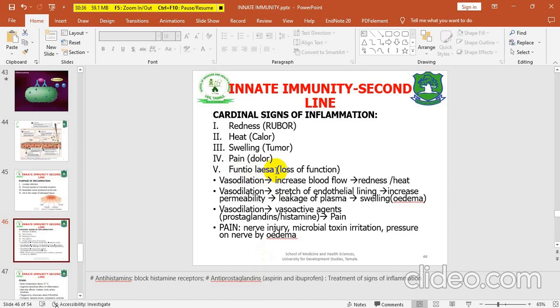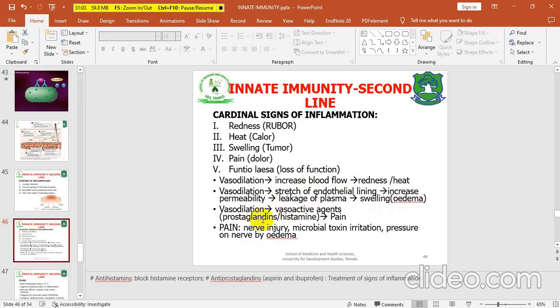Functio laesa means that at the place where you are having the inflammation, there will be loss of function. So vasodilation will increase blood flow, that will cause redness or heat. Vasodilation will also lead to stretch of endothelial lining and increased permeability, leakage of plasma, swelling, edema.